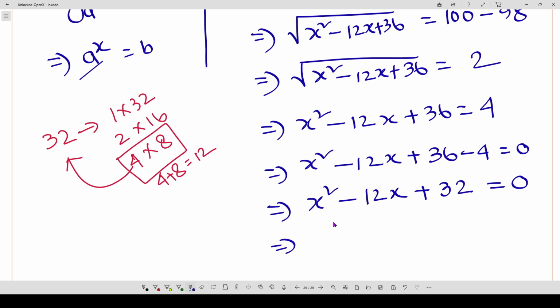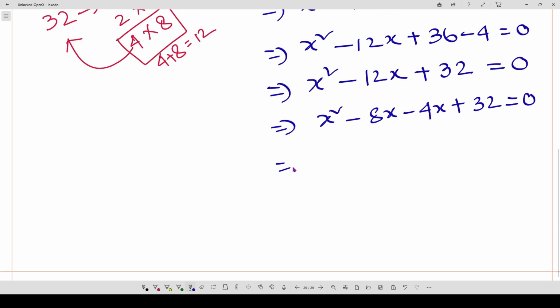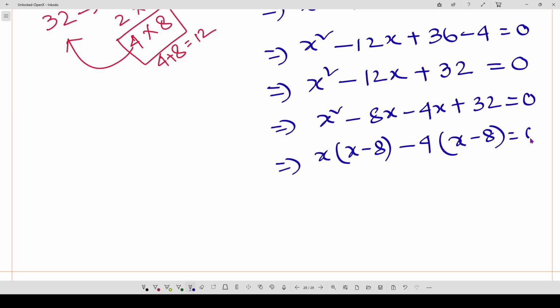So we can write x square minus 8x minus 4x plus 32 equals 0. Now we can take common x, so x minus 8, and here minus 4, again x minus 8 equals 0. Now we can take common x minus 8, so here will be x minus 4 equals 0.